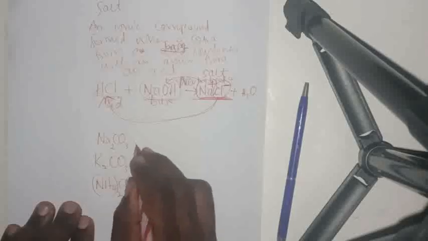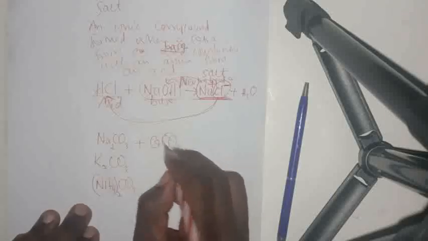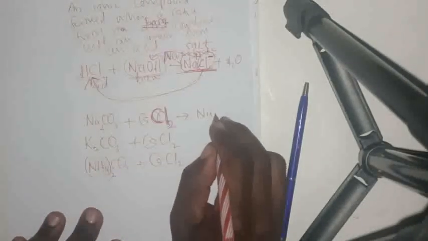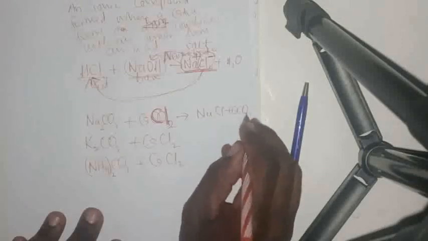Or I take ammonium carbonate and I add calcium chloride. If this is the case, you can get products like sodium chloride plus calcium carbonate.